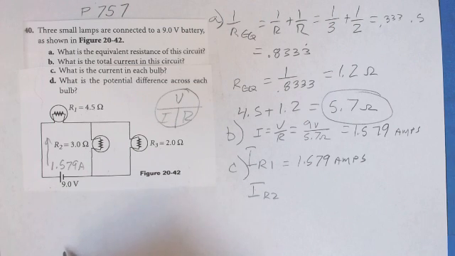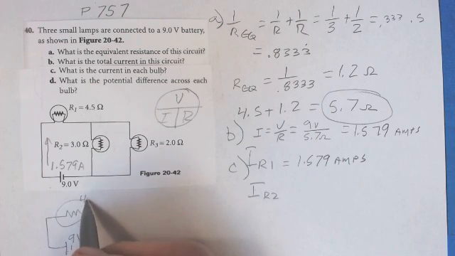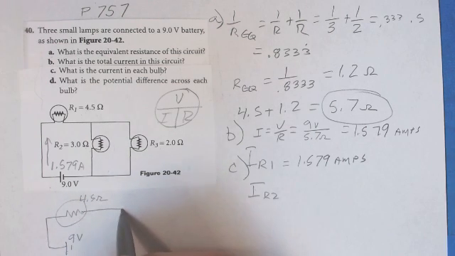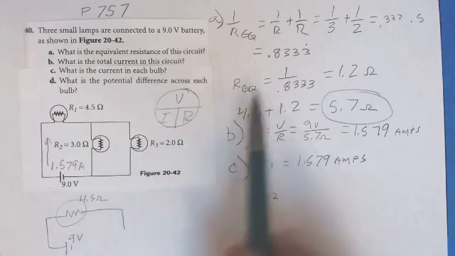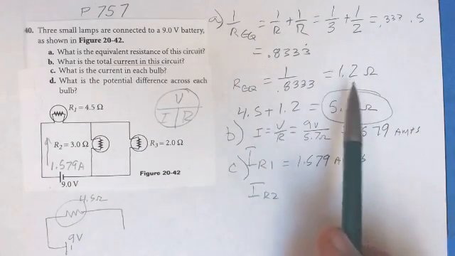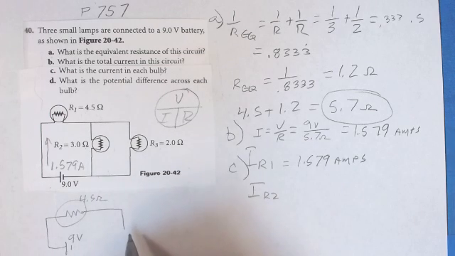So let's take our 9-volt battery, come up here, and this is 4.5 ohms, and then these two here, we put those in parallel with this equation up here, and those are equivalent to 1.2 ohms.